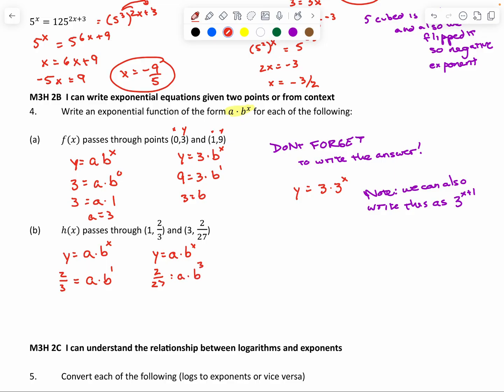Now what? Let's divide the 2 equations. I'm going to put the one with the bigger exponent on top. Cancel, cancel.